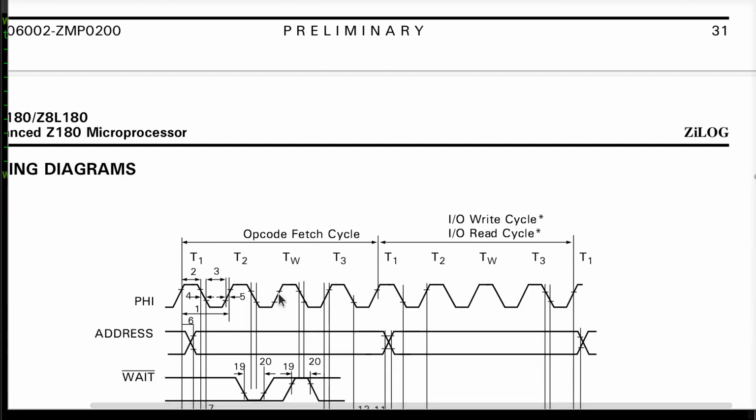And since I'm running this at not even 20 megahertz, but if it was, this would be 25 nanos per 180 degree phase. This whole thing is 50 nanos long.